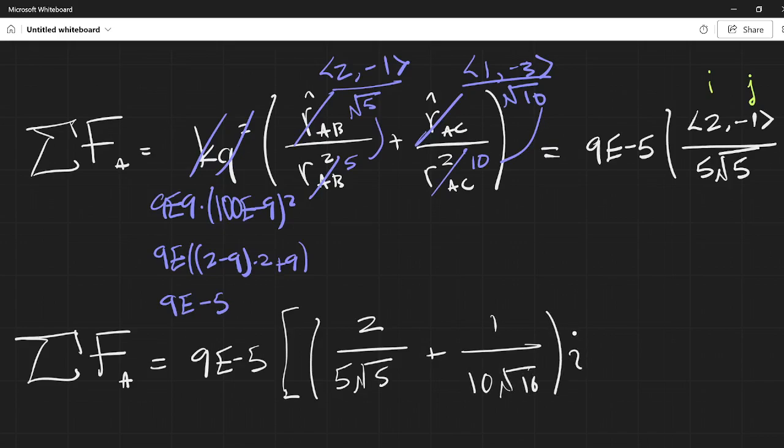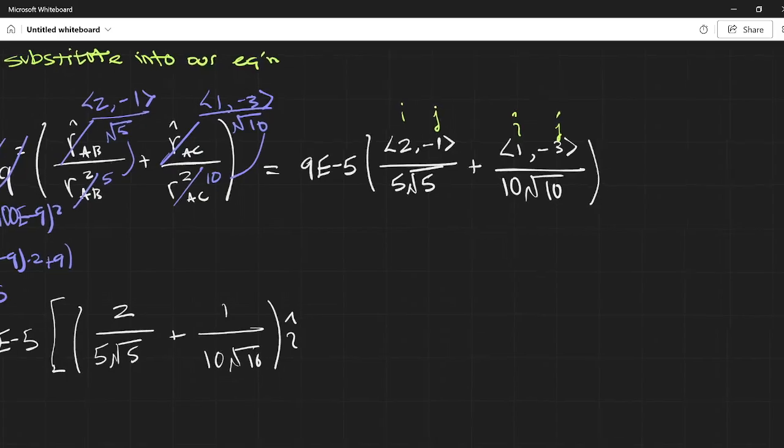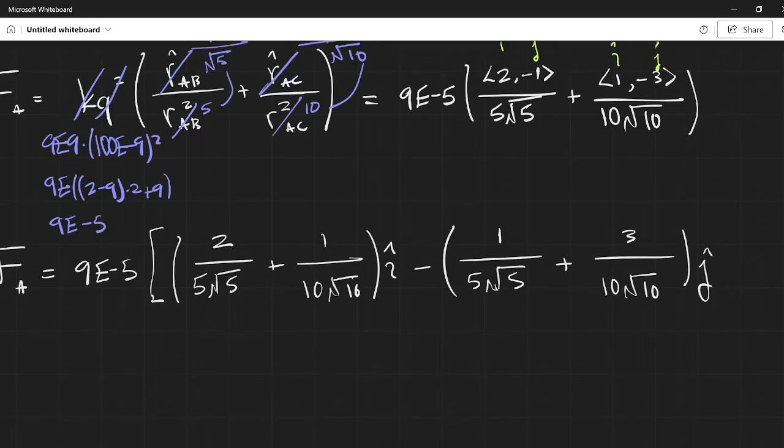And since these are both the i components, we can group them together as such. Now, all right, so we said that this thing is going in the negative direction, and we've done it correctly so far, because we have both negative components here. Adding 2 negatives just makes positive. So what I'll do is I'll just put 1 over 5 times square root of 5 plus 3 over 10 square root of 10, and these are our j components.